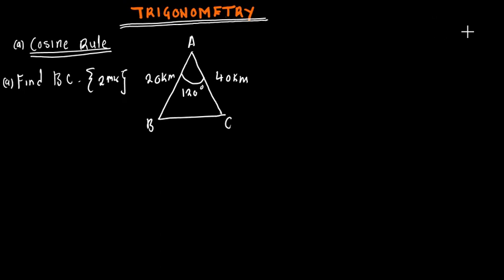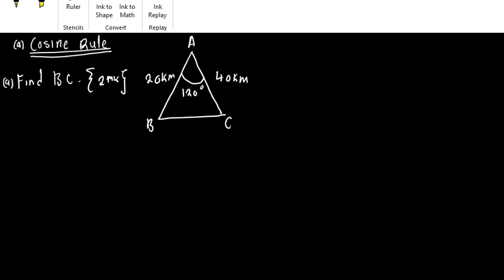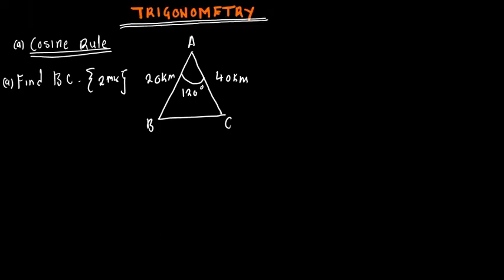Now, how do you apply what we have just learned? It's very, very simple, because we know that the distance for C is simply this small letter c, and the distance for B is this letter b.